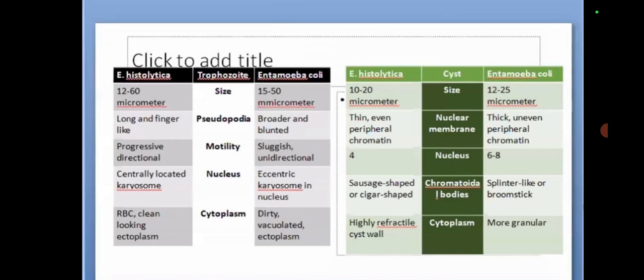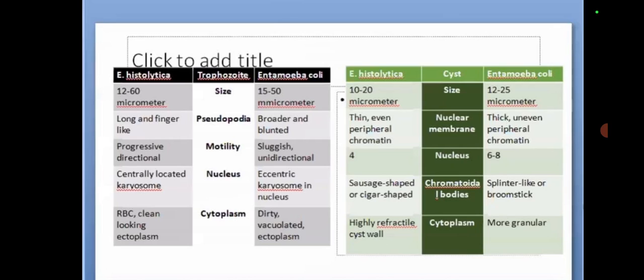Speaking about the cytoplasm: plain-looking ectoplasm versus dirty, vacuolated ectoplasm. Speaking about the cyst of Entamoeba histolytica and Entamoeba coli: size is 10 to 20 micrometers versus 12 to 25 micrometers.